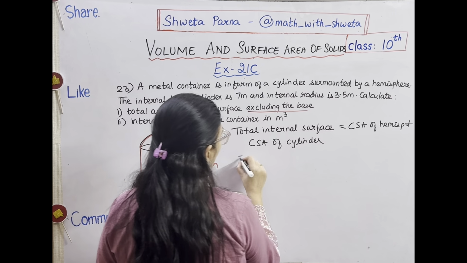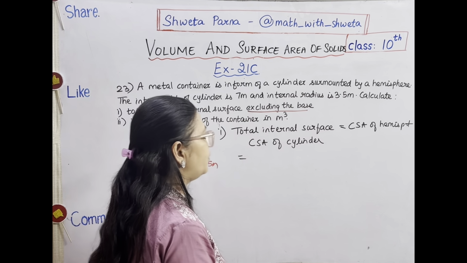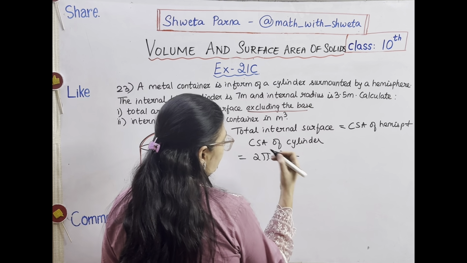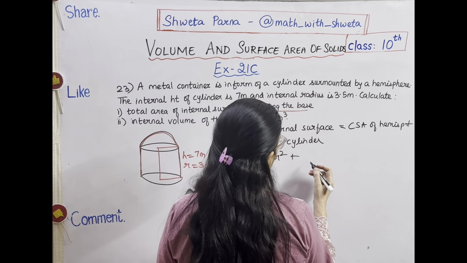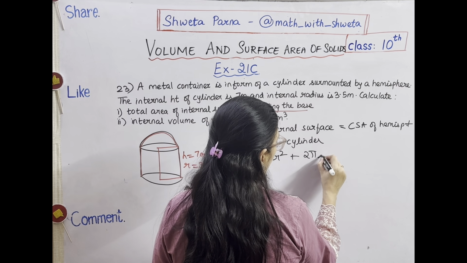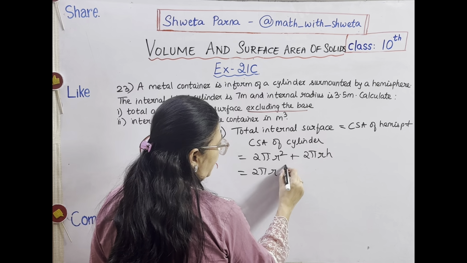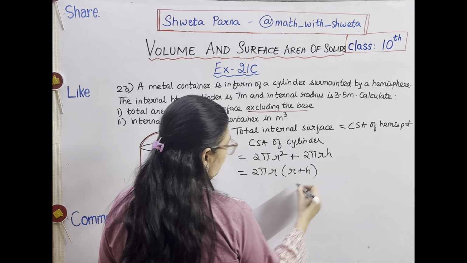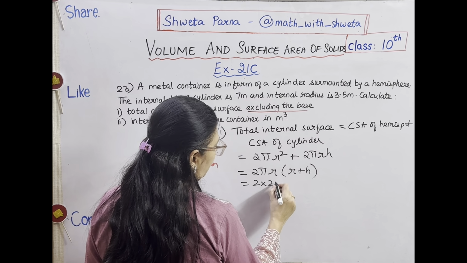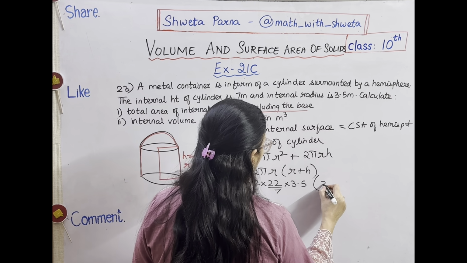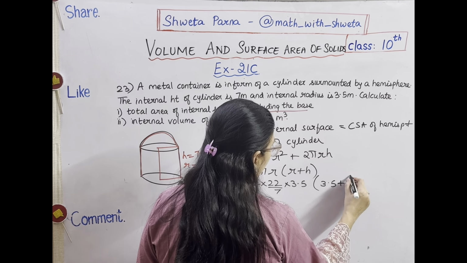Correct? What is the formula to find the curved surface area of the hemisphere? It is 2 pi r square plus curved surface area of the cylinder is 2 pi r h. So you can take 2 pi r common, in bracket r plus h. So 2 into 22 upon 7, radius is 3.5, in bracket 3.5 plus 7.